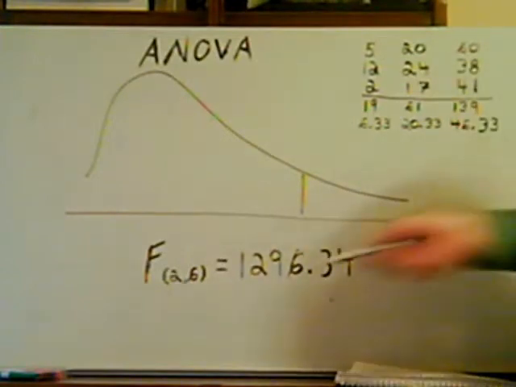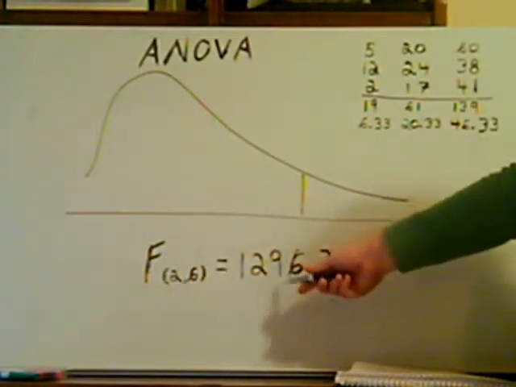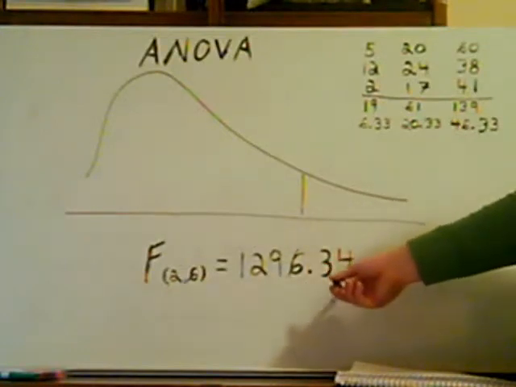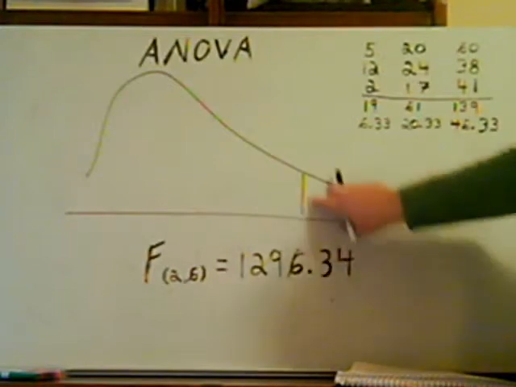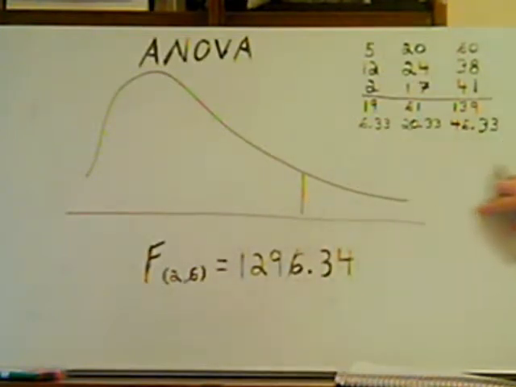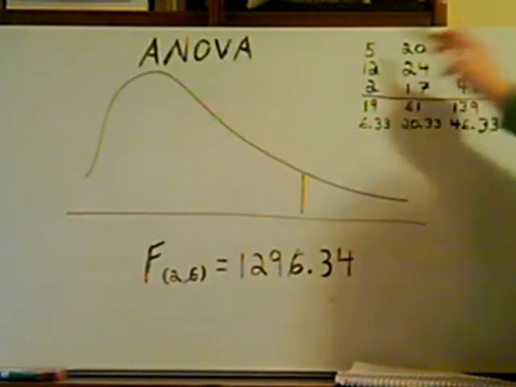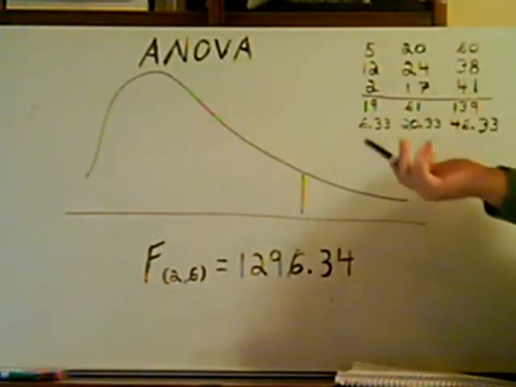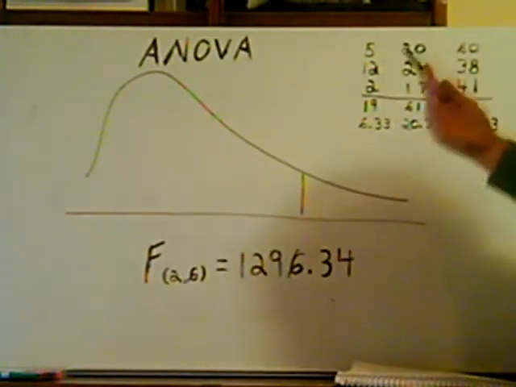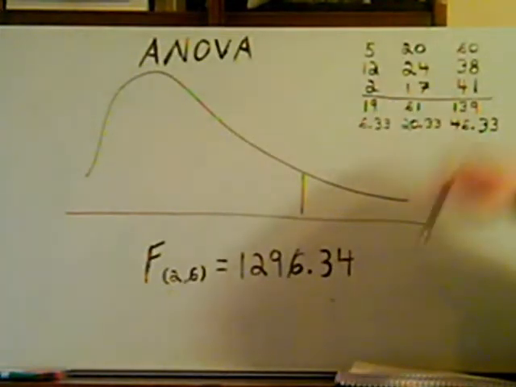I don't know about you, but I'm pretty sure that 1,296.34 is much, much, much greater than 5.14. If this is 5.14, we're probably like over here somewhere off of the board here. So in that case, this is very, very significant, and the level of music does have an effect on how long it takes you to fall asleep.